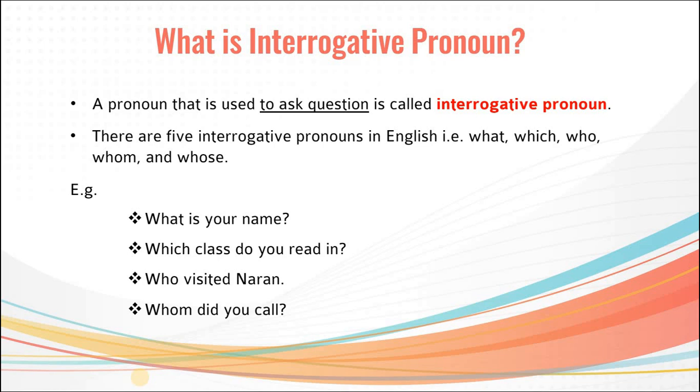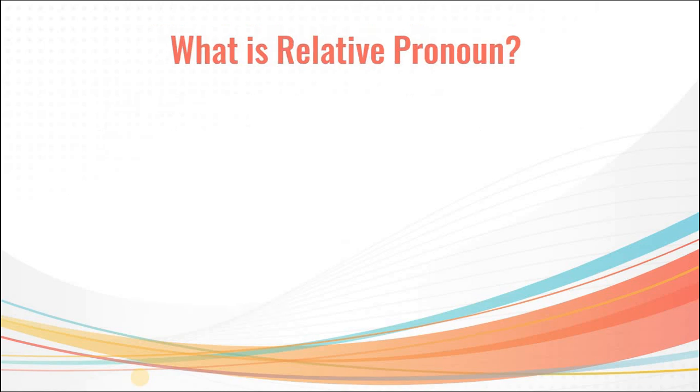All these pronouns are stating a question in a sentence. So question words are called interrogative pronouns. Once again, for questions, there are 2 types of interrogative words: interrogative pronouns and interrogative adverbs. Interrogative adverbs are how, why, when, etc. Interrogative pronouns are what, which, who, whom, etc.